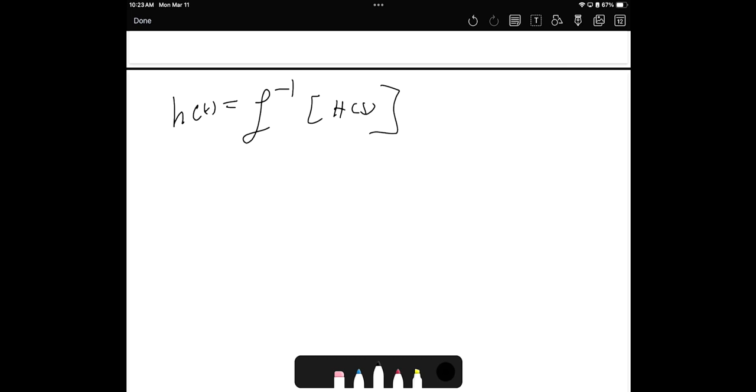Now, how to find the Laplace inverse of h of s? Recall, I'm going to write here h of s is 2 plus 12s over s plus 3 minus 6s squared over s squared plus 4.